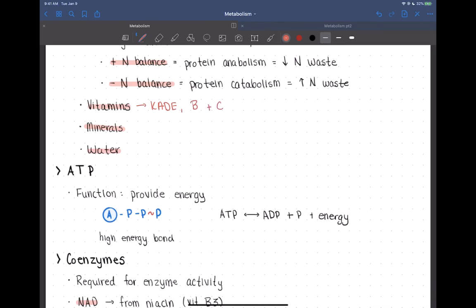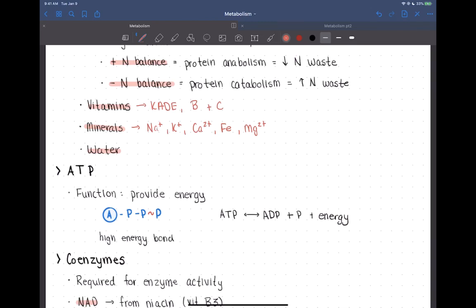Then there's lots of minerals: sodium, potassium, calcium. It's also really important to get iron from the food you eat to make hemoglobin, and magnesium, which is really important for a lot of enzymes to be active. They need magnesium.